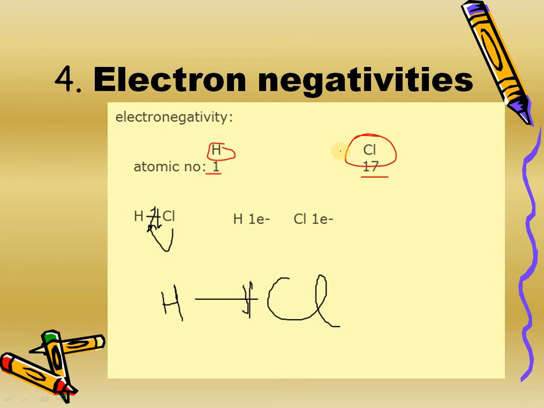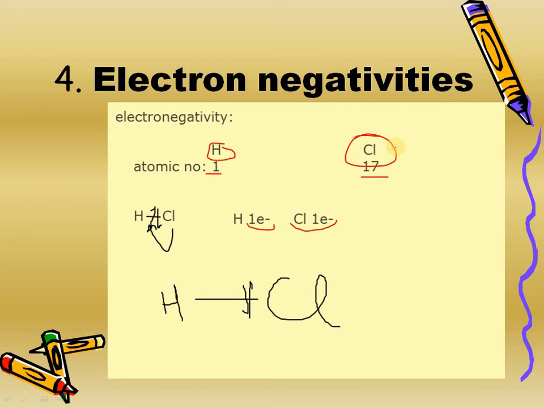When the bond forms between hydrogen and chlorine, each uses one electron, so they form a single bond. One electron is from hydrogen, the other is from chlorine, and this is the representation of a bond.